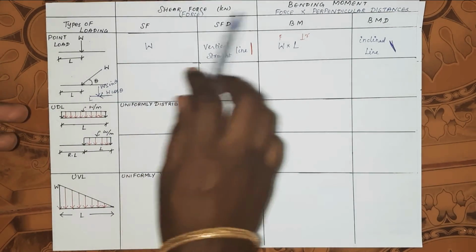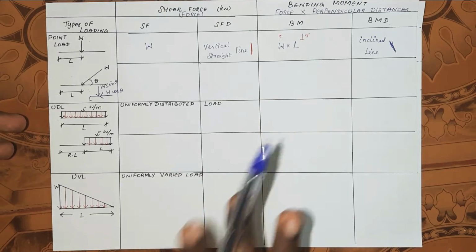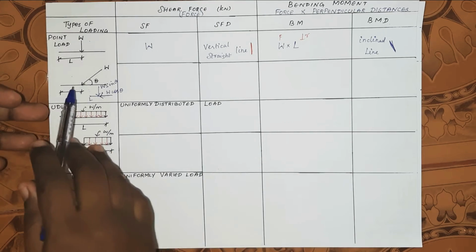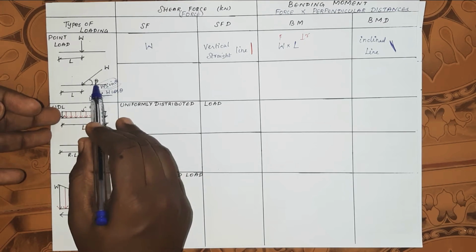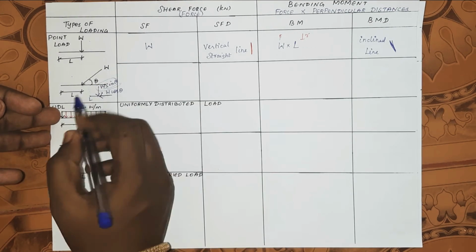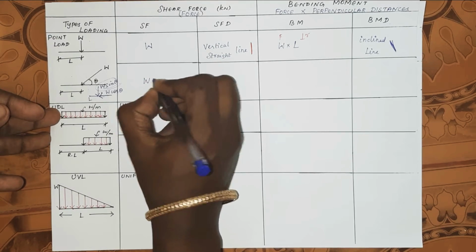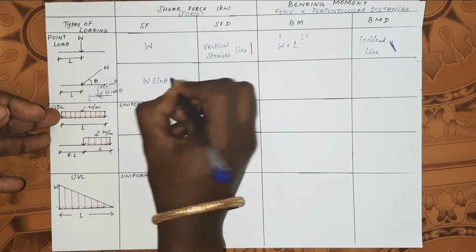Basically, shear force and bending moment are caused due to the vertical load only. So we consider the vertical value, W sin theta. So here W sin theta is the shear force value.